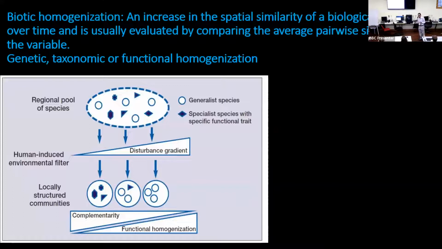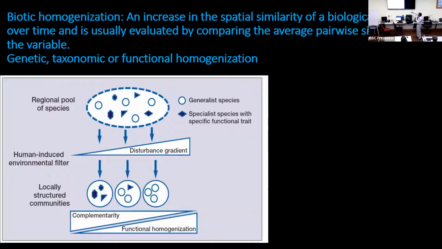These similarities could be in terms of taxonomic identities or their functional uniquenesses. Research that centers around cities, particularly when that urban to rural gradient is replicated across multiple cities, lets you test the theory of biotic homogenization and generalize from one city to multiple cities. So just to clarify what biotic homogenization really is.